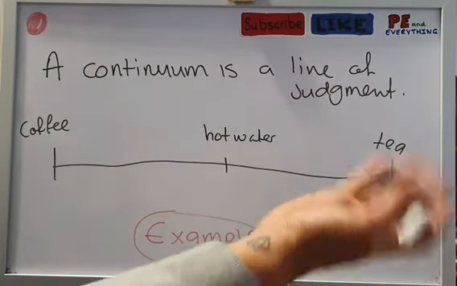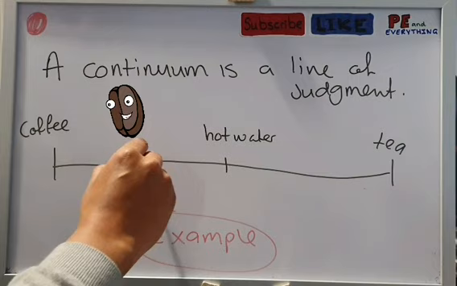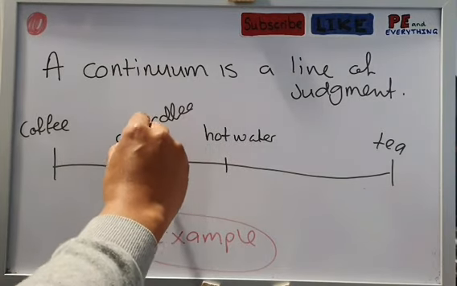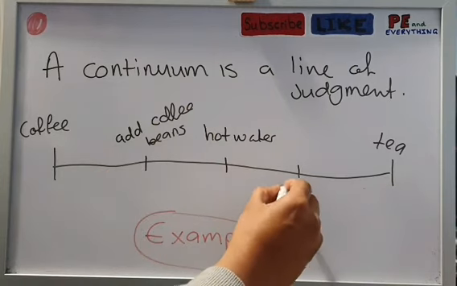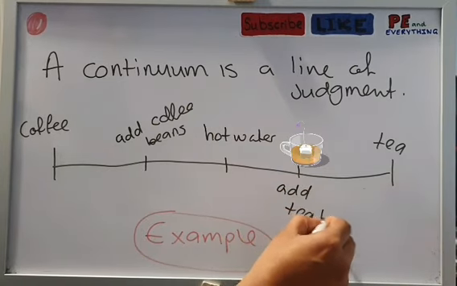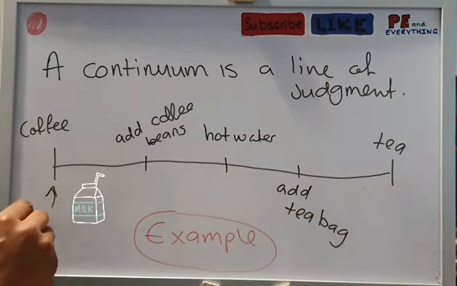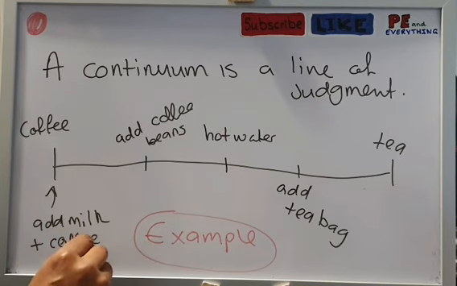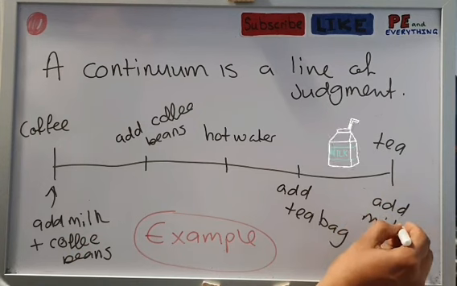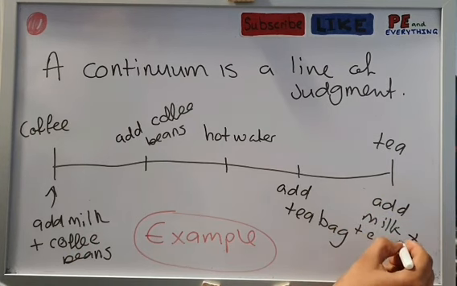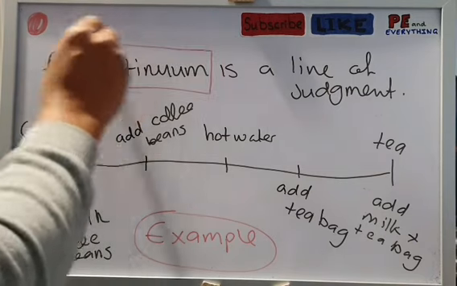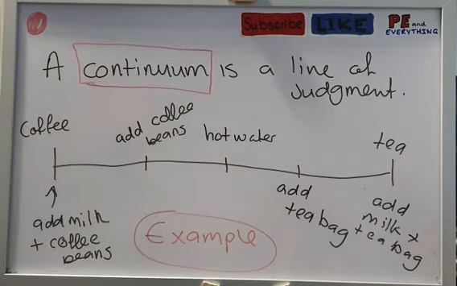If I add a coffee bean, it's safe to say it's somewhat coffee. If I add the tea bag, you can say it's somewhat tea. But if I add milk with the coffee beans, it is completely coffee. If I add milk and the tea bag, it's completely tea. That's the continuum. So when I utilize it throughout this whole presentation, you'll understand what I'm talking about. Moving on.